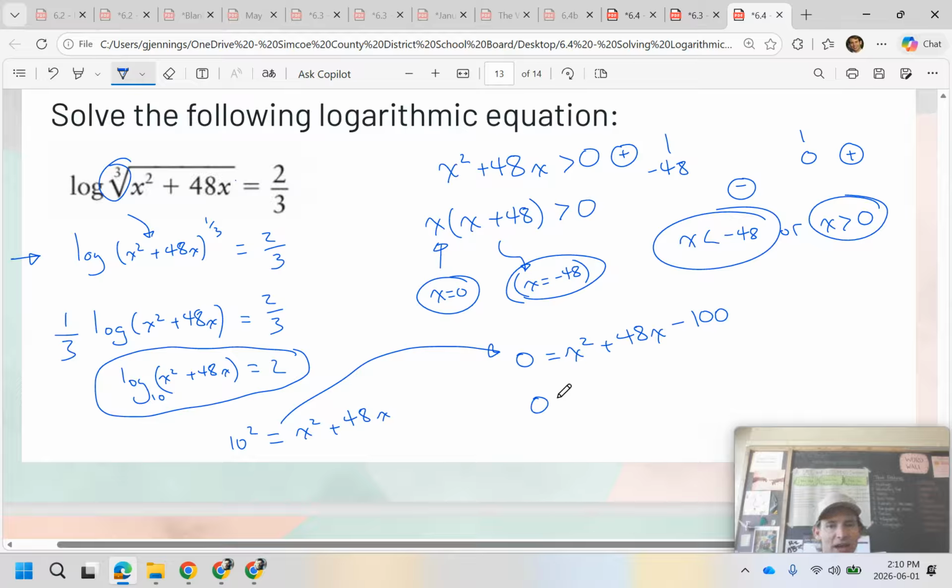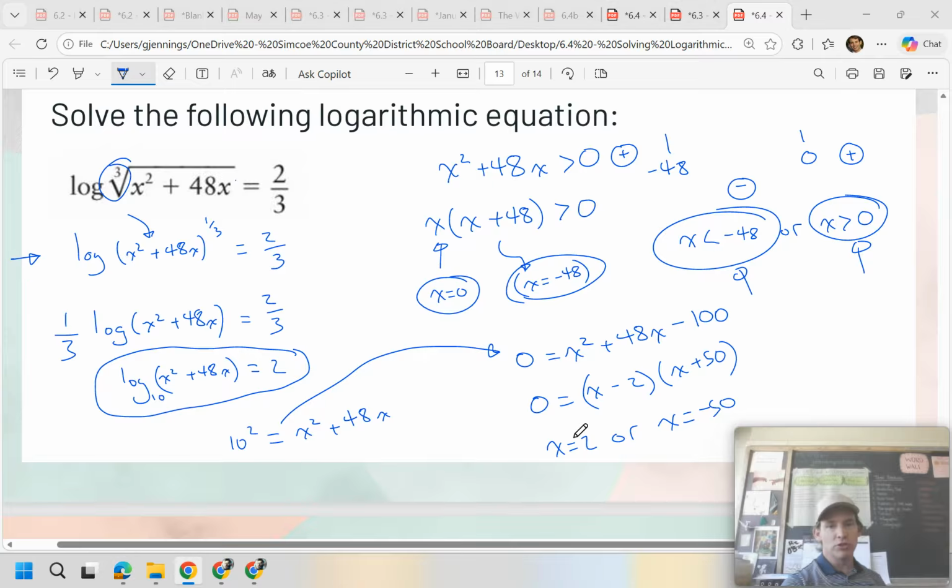Oh my goodness, that factors. 0 equals x minus 2 times x plus 50, because I know two numbers that multiply to negative 100 and add to 48. And I know them real quick. Now I find that x is either equal to 2 or x equals minus 50. I check. Minus 50 is less than minus 48. I check. 2 is greater than 0. Both of them work. And the people rejoice.